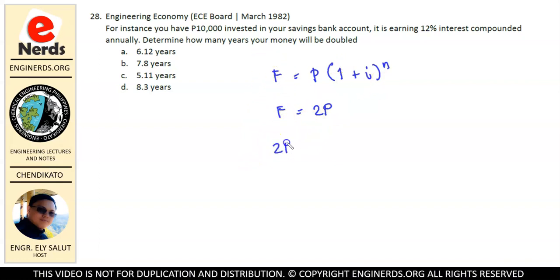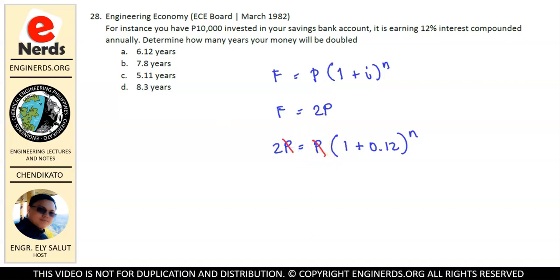So we have 2P is equal to P times 1 plus our i, which is 12%, so we have 0.12. And our term, which is n, will be our required, kasi gusto natin malaman kailan daw siya madodoble. Based from here, our P will be cancelled out.